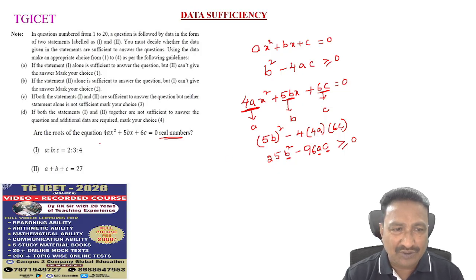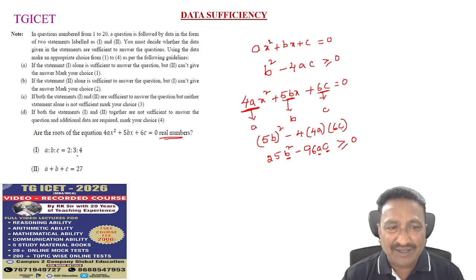Now let us go to the first statement. What is the first statement? a is to b is to c equals 2 is to 3 is to 4. Whenever they give a ratio of two or three numbers, we should not take it as exactly a equals 2, b equals 3 and c equals 4, because a ratio is a comparison, not exact values.